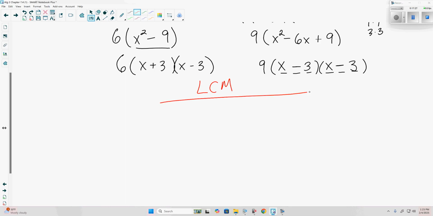Least common multiple. So we'll work with the numbers outside the parentheses first. So we have 9 and 6.